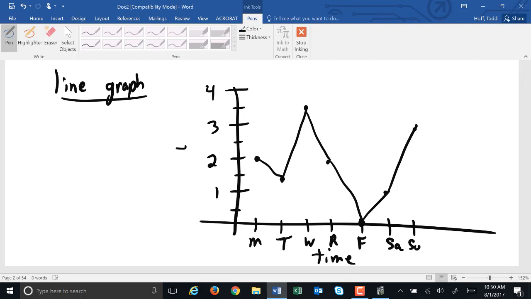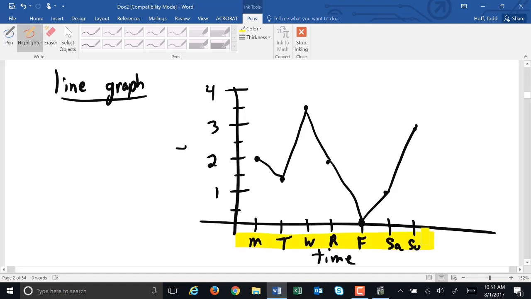Now, typically, this down on the bottom here, I did days of the week. It could be years, could be months, any progression of time. But on a line graph, time always goes on the bottom.